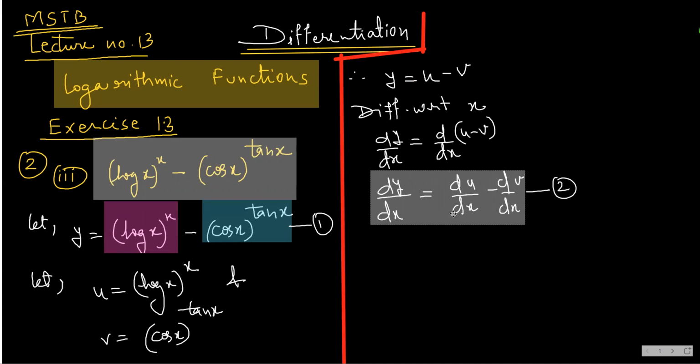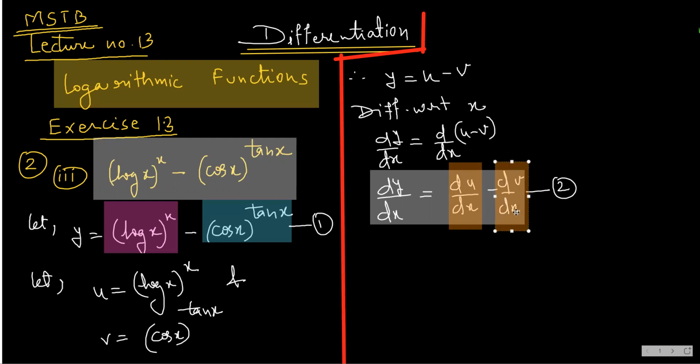What would I do? I shall first differentiate u with respect to x, then get the derivative of v with respect to x, and then substitute in 2. So it is high time I found these two.